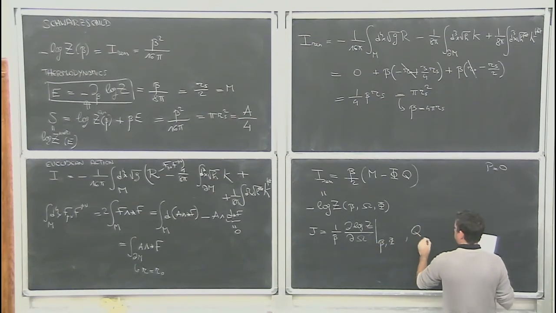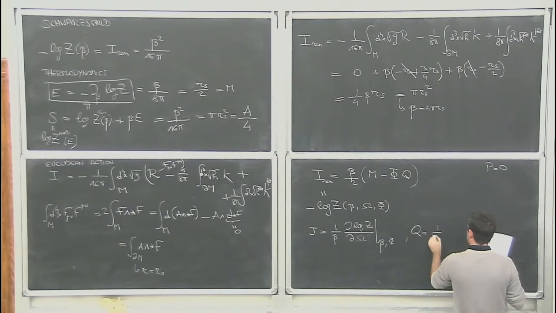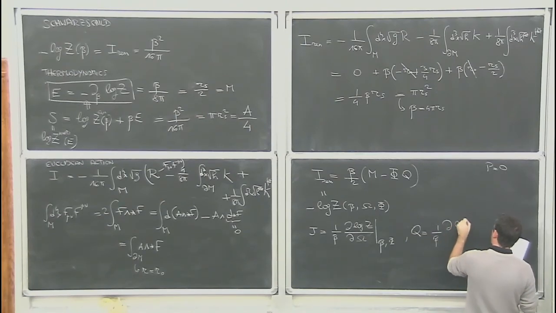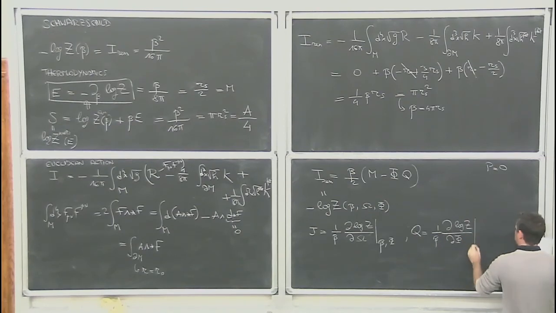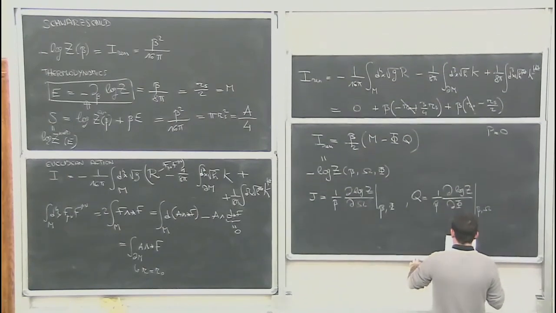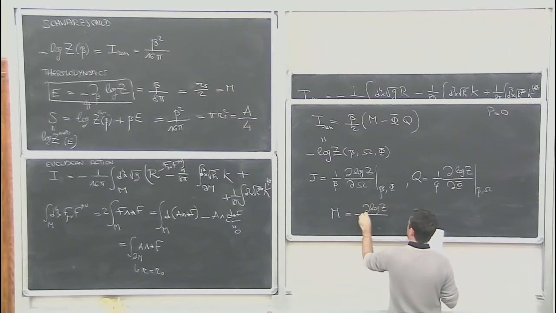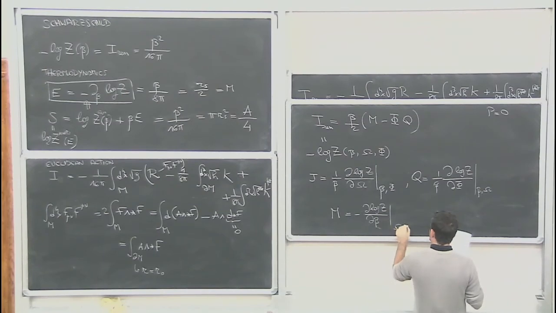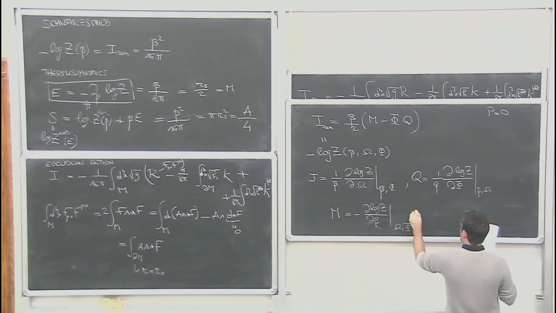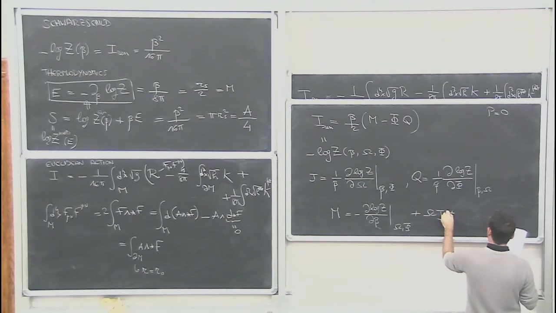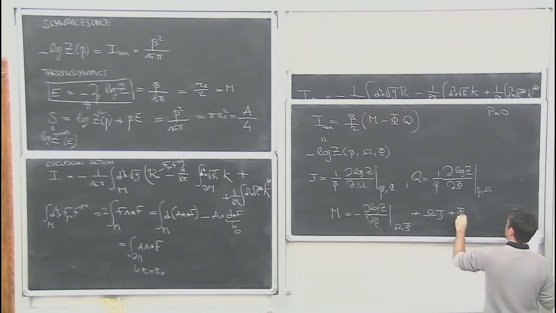Then I can show that Q is 1 over beta del log Z over del phi when I keep beta and omega fixed. M is minus del log Z over del beta, omega and phi fixed, plus omega J plus phi times Q.